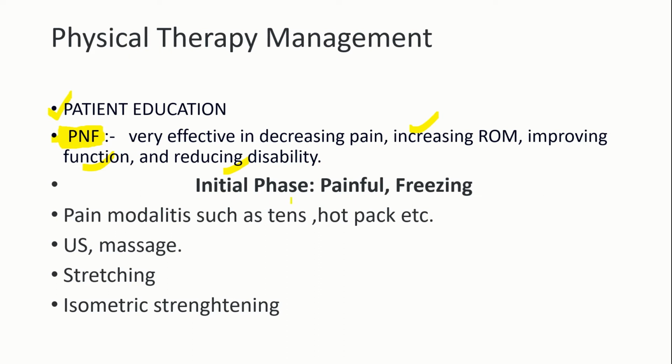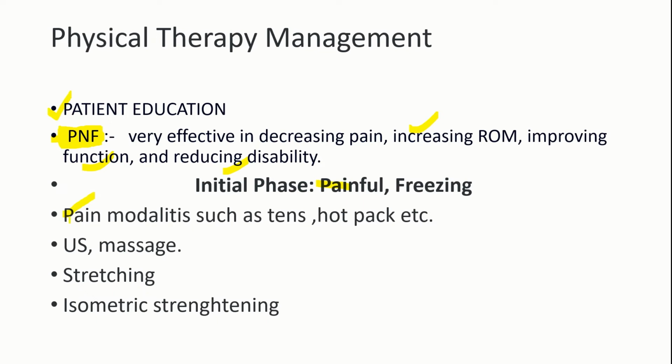Then in the initial phase, which is painful and freezing, pain modalities are applicable. For example, the patient is coming with an acute case of frozen shoulder. Then it's not that on the very first day we are going to tell him to do the PNF exercises. No, it's not like that. First, we have to reduce the pain of the patient.